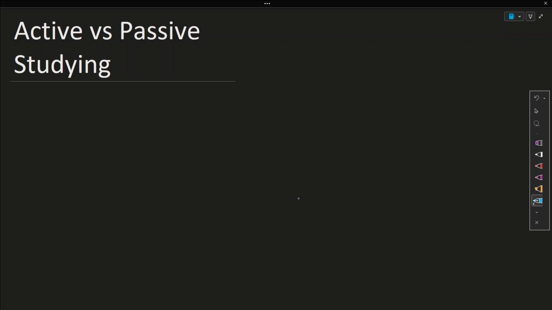Let's talk about how to turn passive studying into active studying. If you usually reread notes, then after rereading one section, close your notes and write down the main idea in your own words. If you usually watch videos, then pause before the instructor finishes a problem and try the next step yourself.